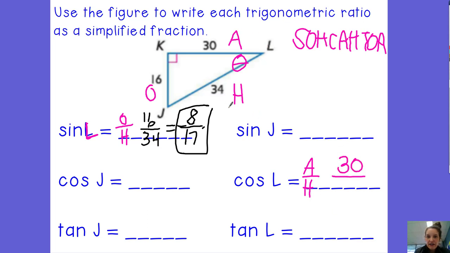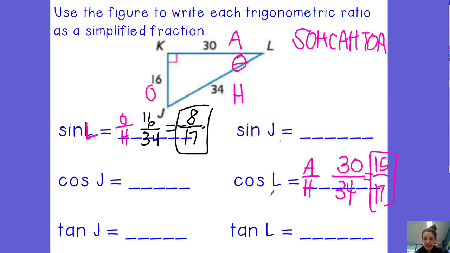And again, my hypotenuse always stays the same. My hypotenuse is still 34. So that ratio, 30 over 34, reduces to 15 over 17. So notice sine and cosine for angle L are different in this triangle.